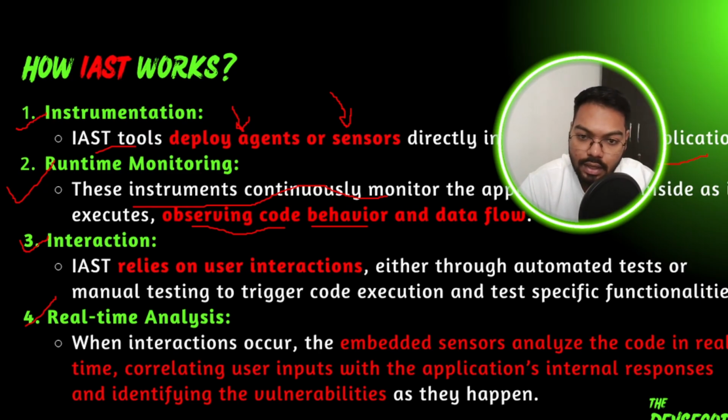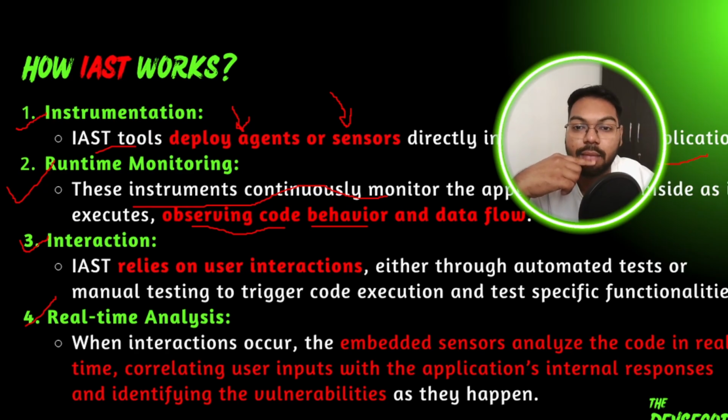But in IAST, it also has access to the code base. So you will also look into the code and the internal logic of this application and know, this is the way the code is behaving when I simulate an input, a malicious input, or an attack on this particular code.